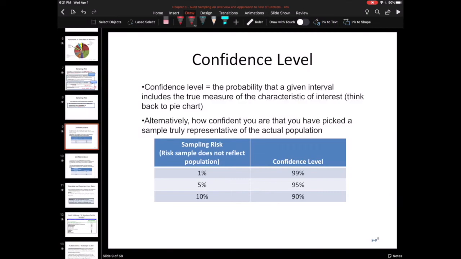All right, so going a little more into each one, the confidence level is basically how confident you are that you've picked this representative sample. And in terms of picking your confidence level, you would want to select a higher confidence level if the control is more important, if you want more assurance from the test.